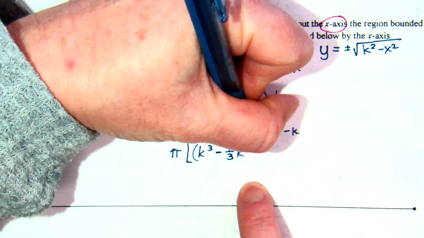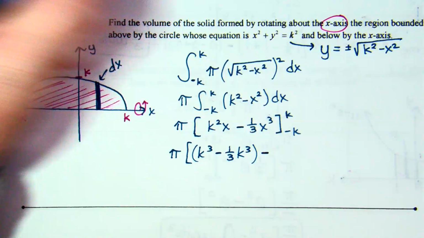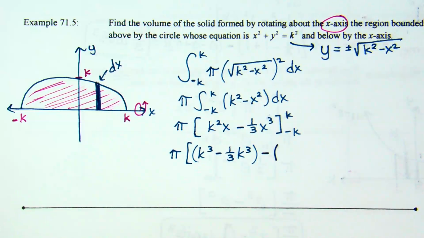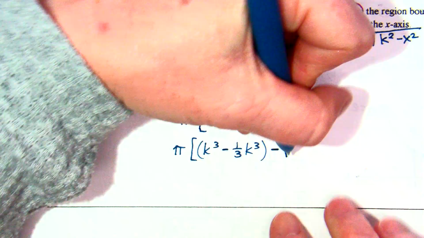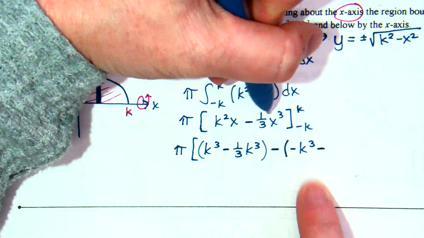This time, I'm not putting 0 in, so I actually have to do it this time. I'm going to put in negative k. k squared times negative k, negative k cubed, minus 1/3 times negative k to the third, which is really going to become plus 1/3 k cubed.